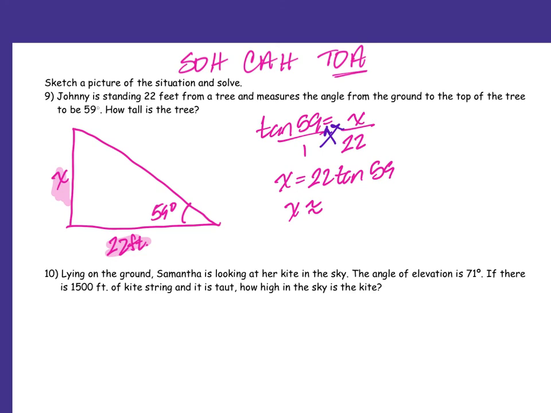So x is approximately equal to 36.6 feet tall. So really I should write a sentence saying the tree is 36.6 feet tall. But don't forget to label and answer the question.